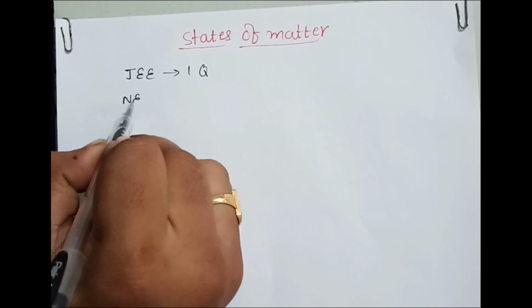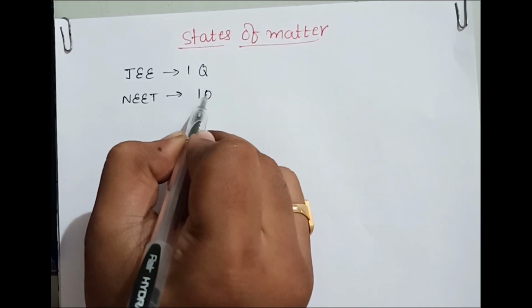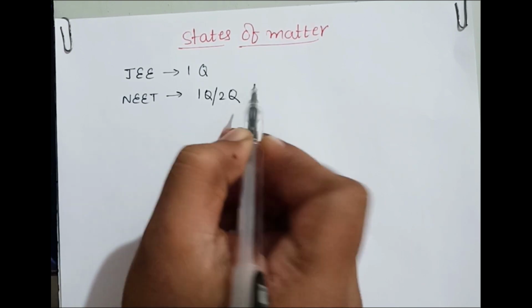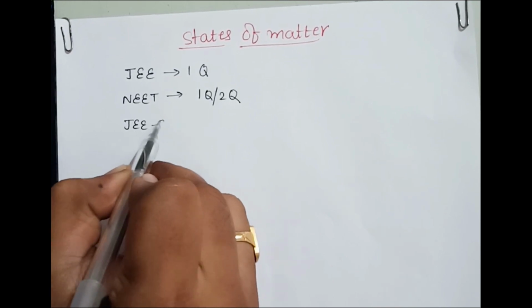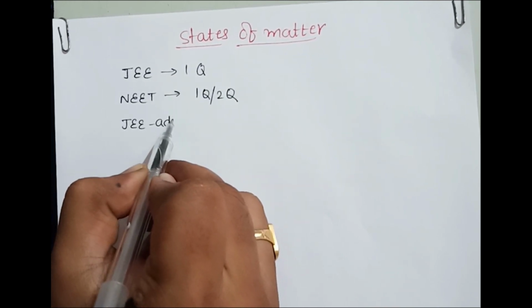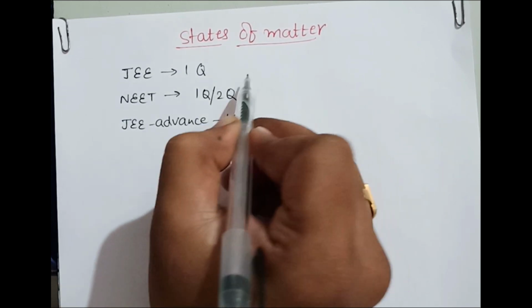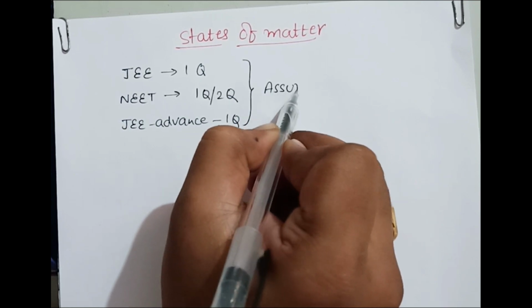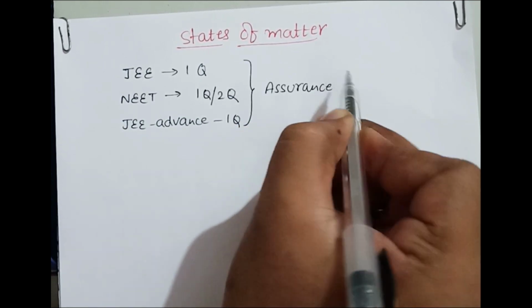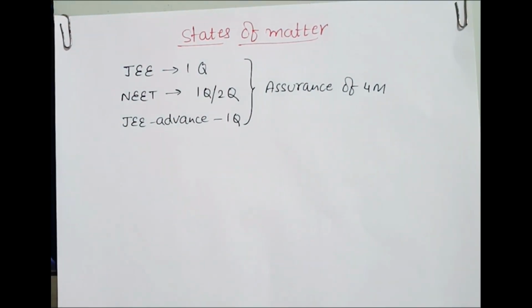In NEET, one or two questions every year, and for JEE Advanced also one question is compulsory. So this is a chapter where you can be assured of a minimum of 4 marks for your JEE, NEET or IIT exam.